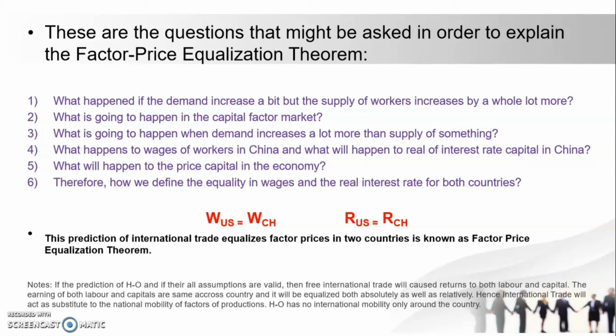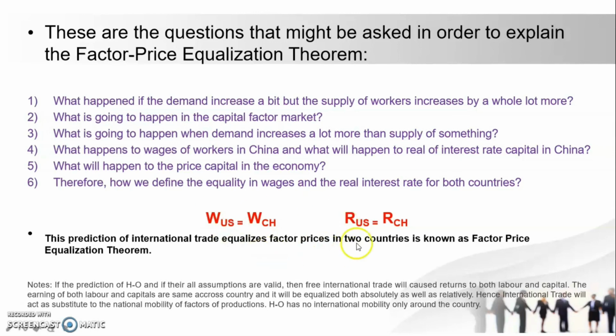And if this is complete free trade, with very little non-transportation cost, then free trade will actually eliminate the gaps in wages between the US and China, and the gap between the real interest rates will proceed to equality, same with wages.